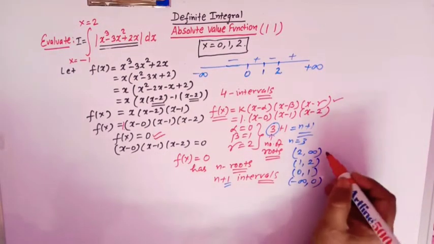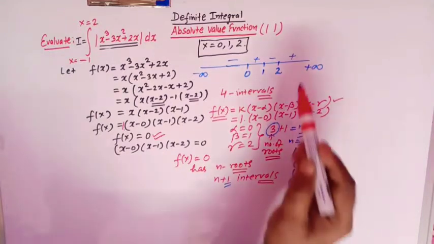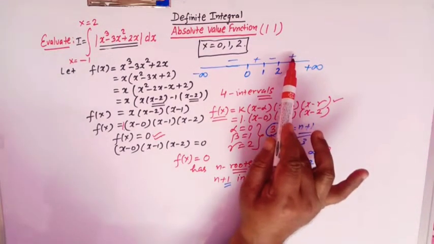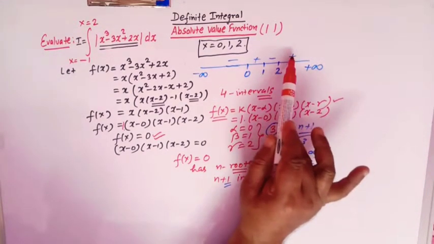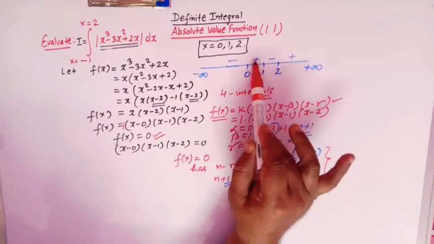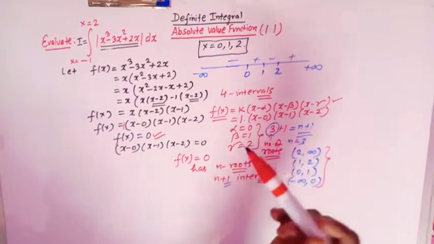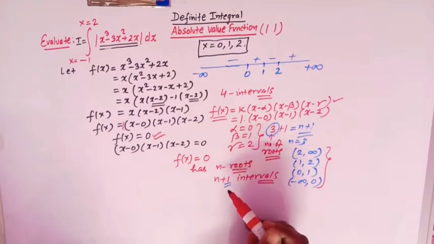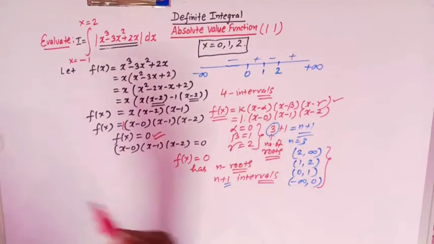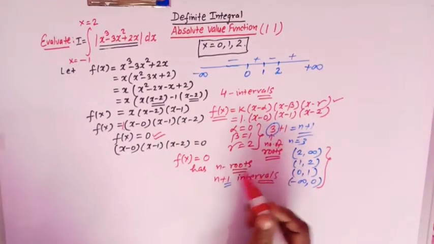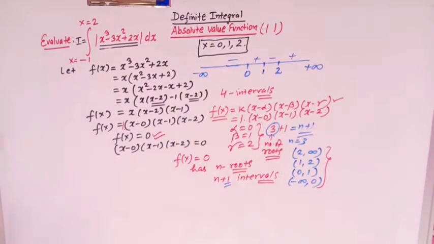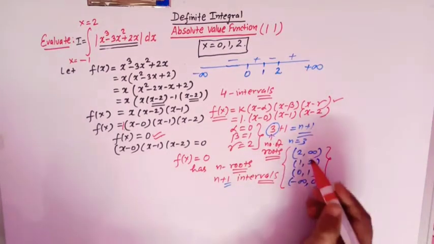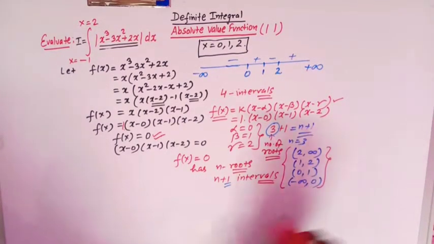Here we should start from the positive sign, then negative, then positive, and then negative, because this is a standard result in the theory of increasing and decreasing functions. We are not going to discuss it right now because we have already discussed it in our earlier video. Now let us focus on these 4 intervals.